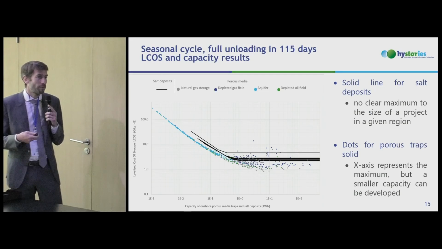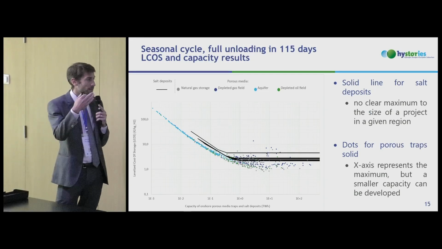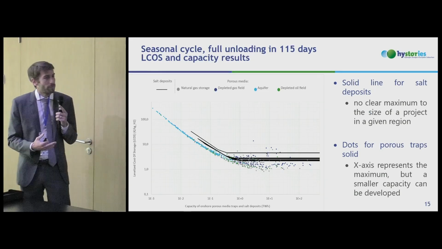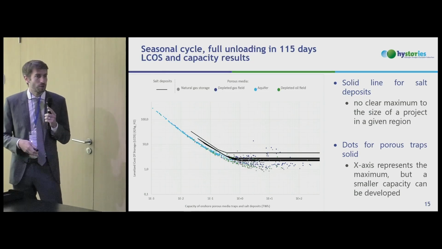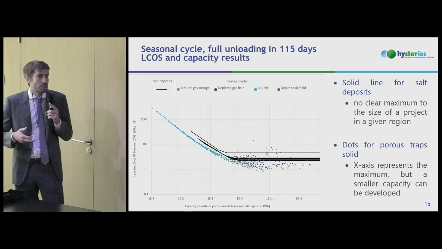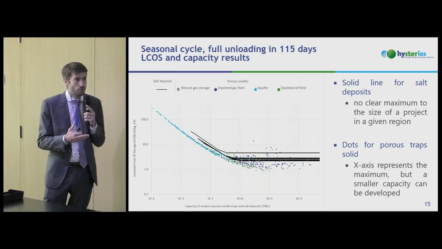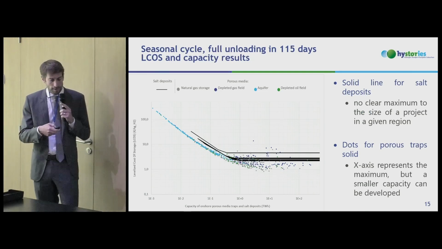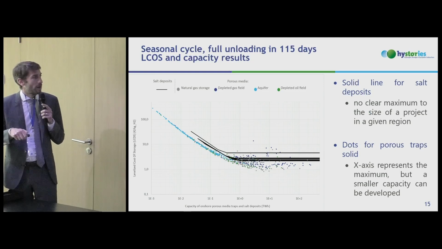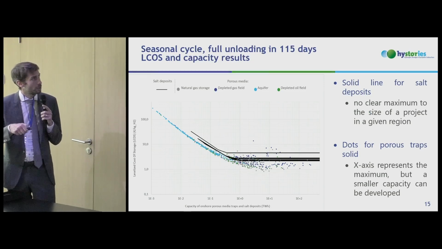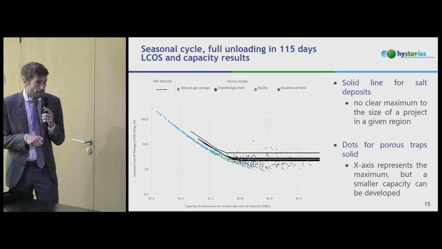We don't have data for putting that on this x-axis for salt caverns. Salt deposits are so large, in the 19 we considered, and it's really engineered. You will choose and design the number of caverns you want. So we did not have a clear x value to define. There is no real way you can define that. So that's why for salt, we have chosen to display that with solid lines.